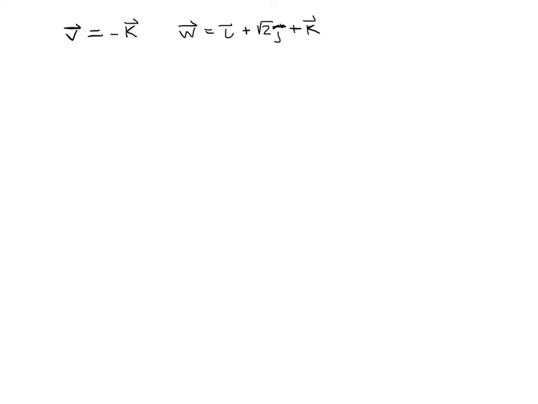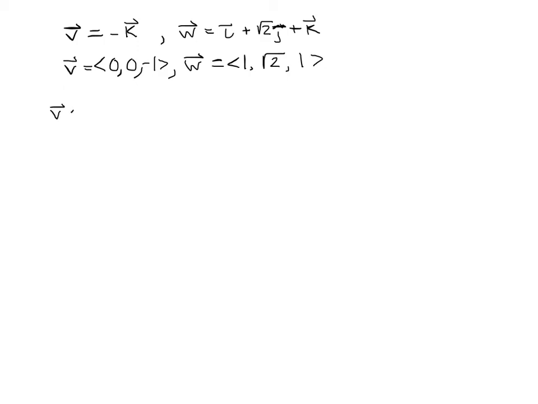It's i, j, k notation, and all it's saying is, let me start with W here, that 1 is the x component, because that's out in front of i. Root 2 is the j component, and 1 is the k component. Those are the numbers out in front of i, j, and k. And so there is no i and j on this one, so both of those components are 0, and then the k component is -1. All right, so I just wanted to point out the ijk notation and show you something that's a little bit different.